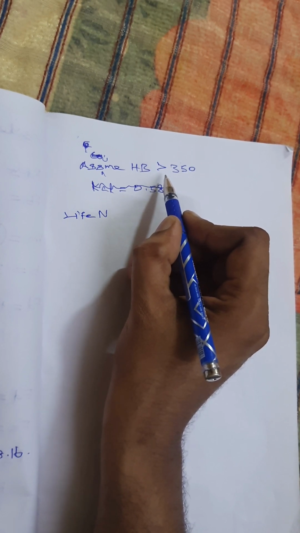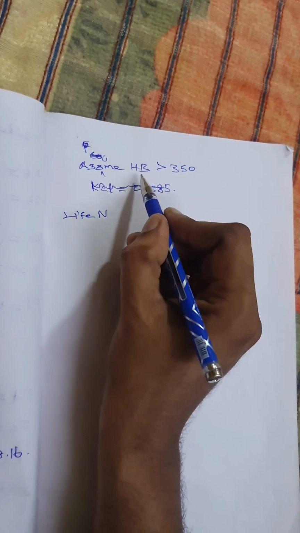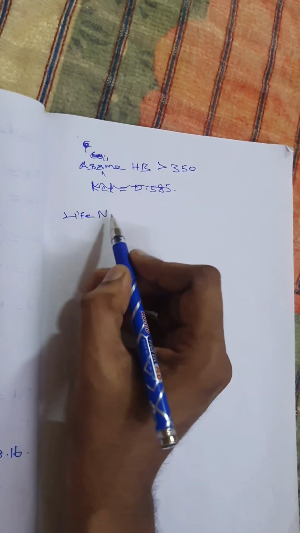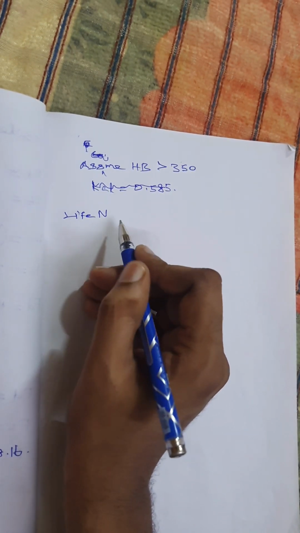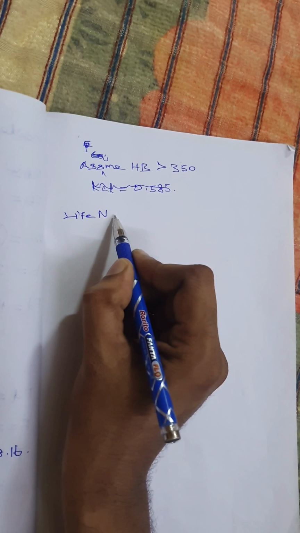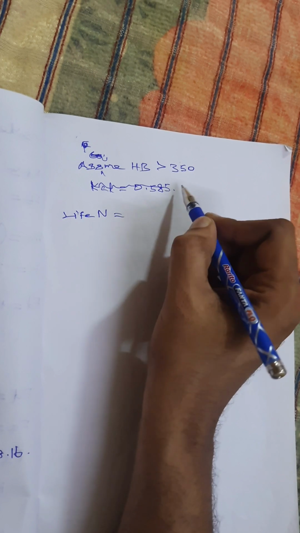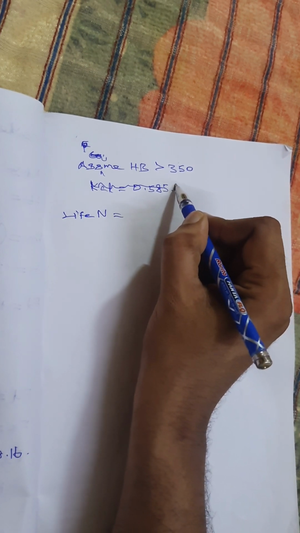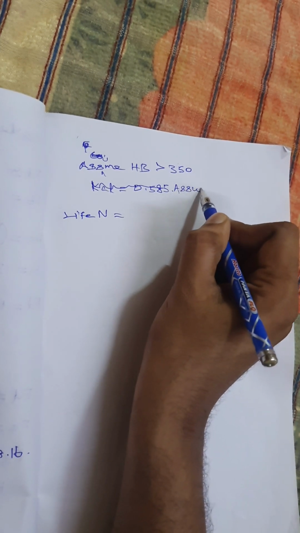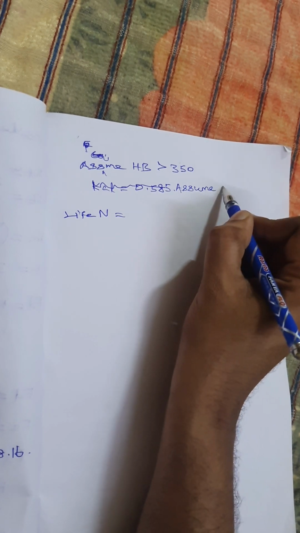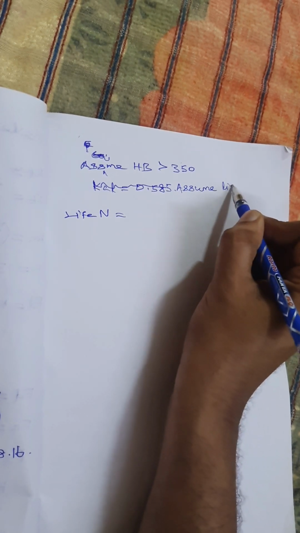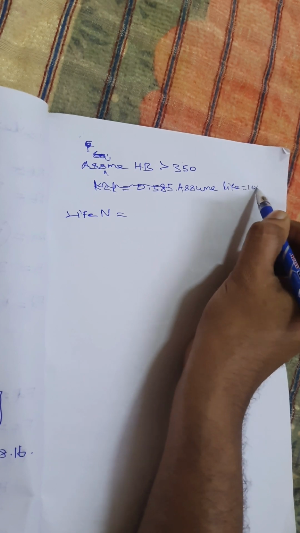Here also, if the life in hours is not given, then we also have to assume the life is equal to 10,000 hours.